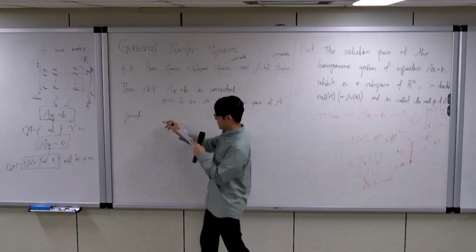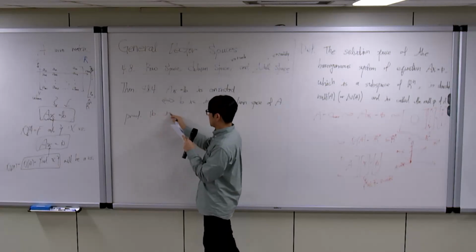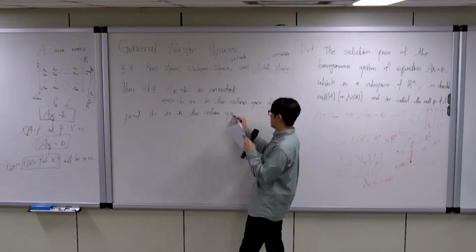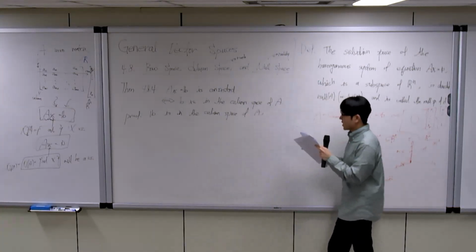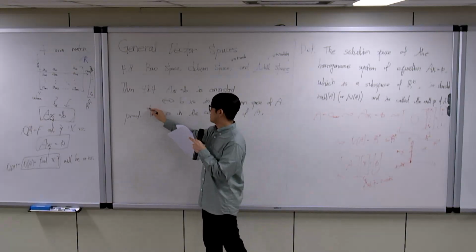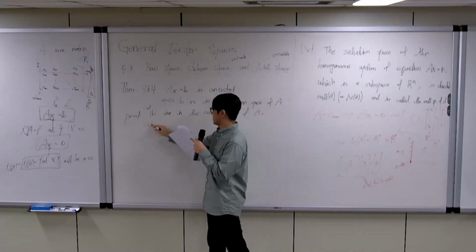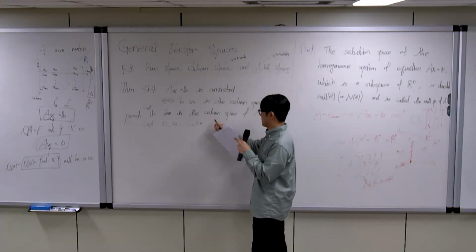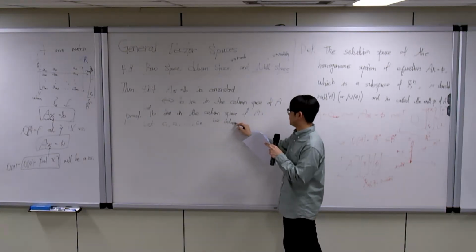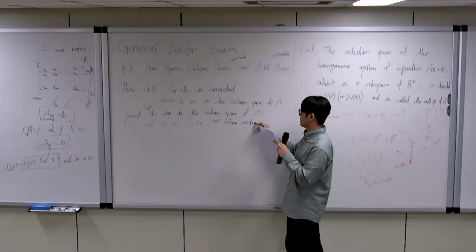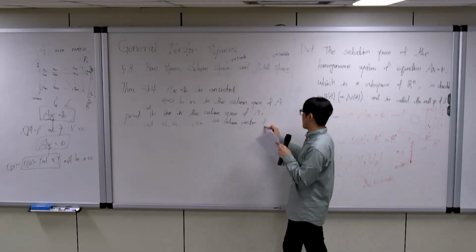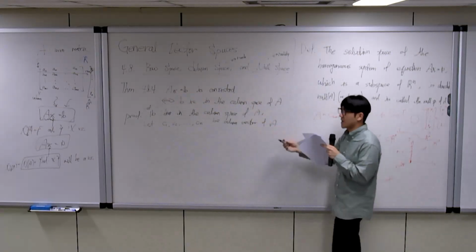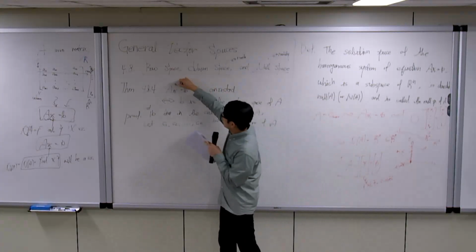Let's firstly consider b is in the column space of A, and let C1, C2, ..., Cn be the column vectors of A. If you assume x is consistent, then you have a vector in R^n.